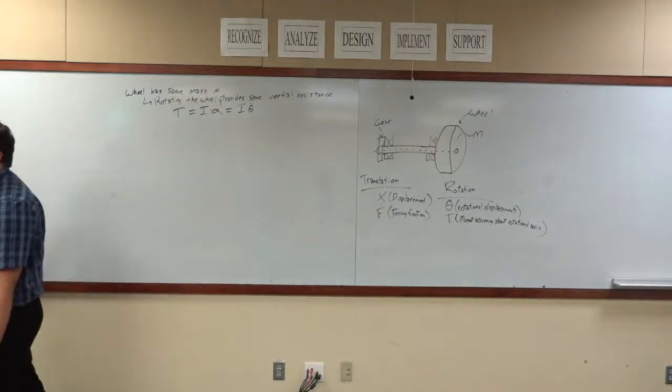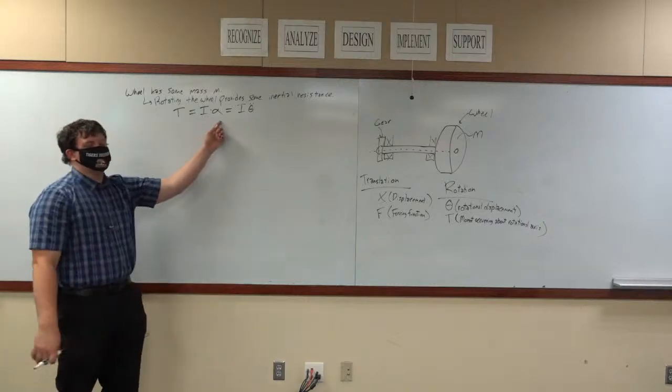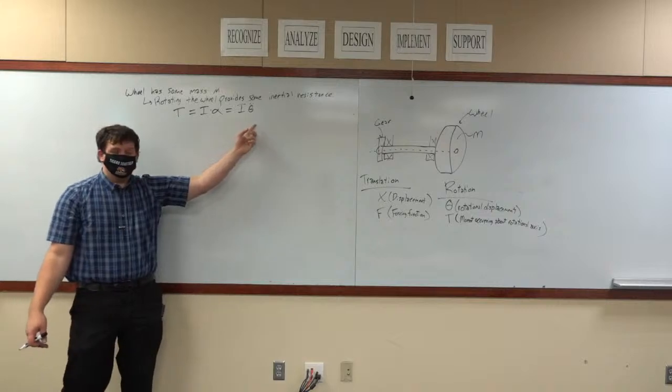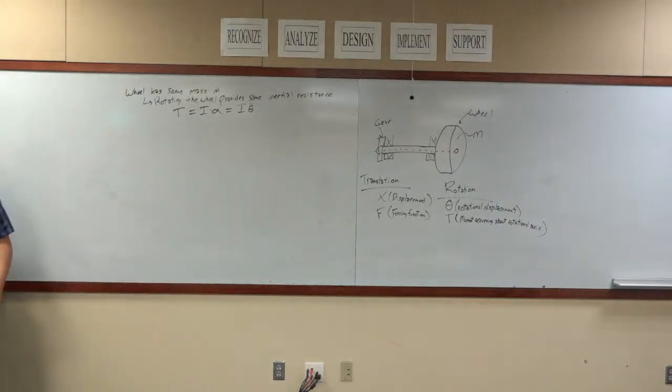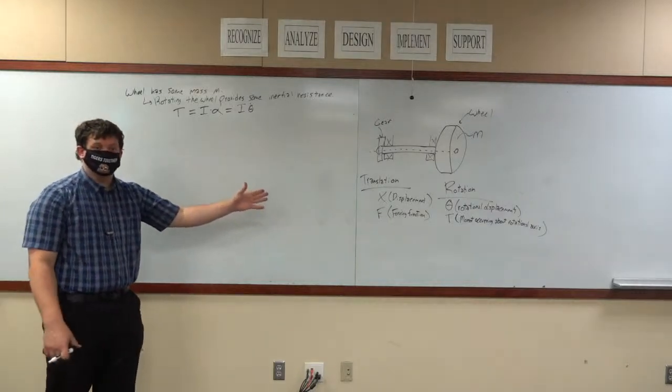It's the second derivative with time of the angular displacement of the wheel. Okay? If the wheel is not accelerating, if the velocity is not changing, you will have no inertial force. Okay? So, one down, got the inertial force.